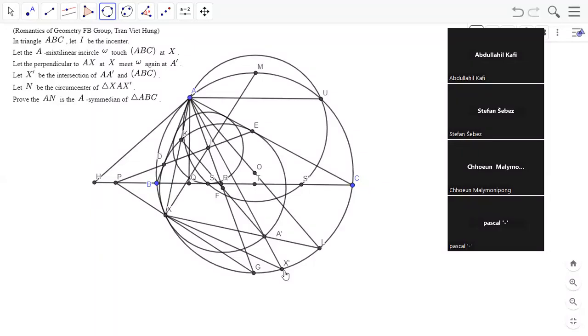You project through F, right? Yeah. Interesting.